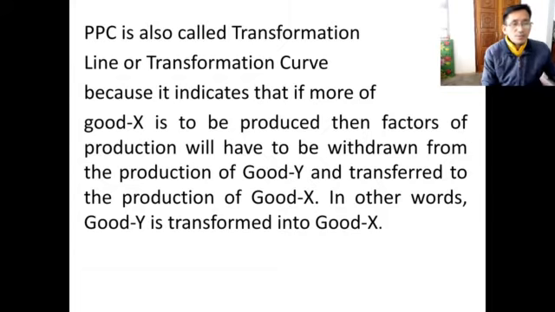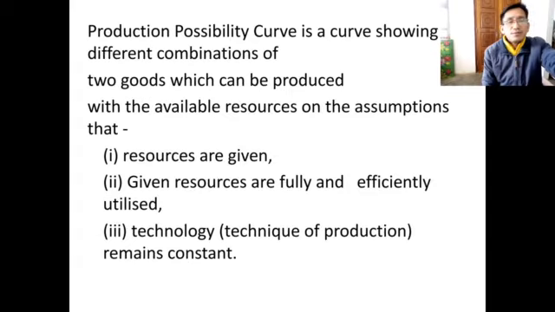So production possibility curve is a curve showing different combinations of two goods which can be produced with the available resources. We have to make certain assumptions for the study of production possibility curve. What are those assumptions?